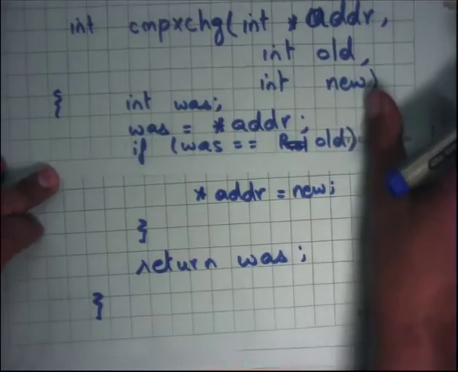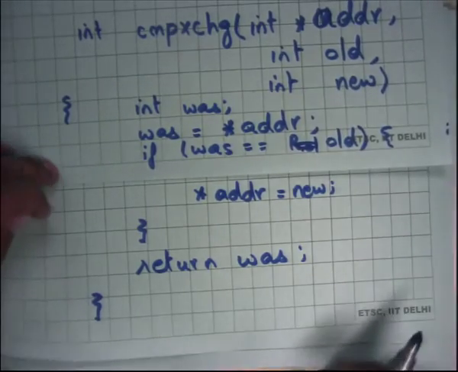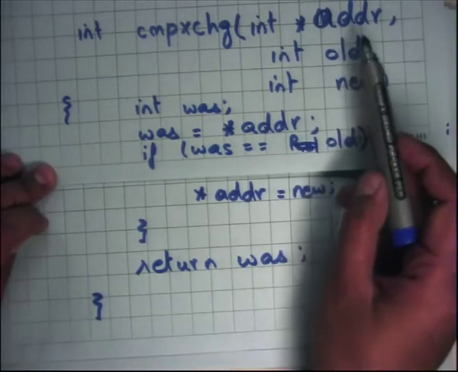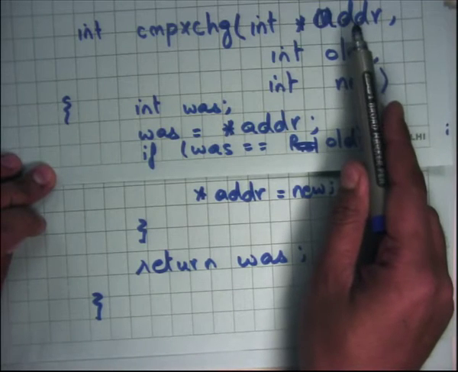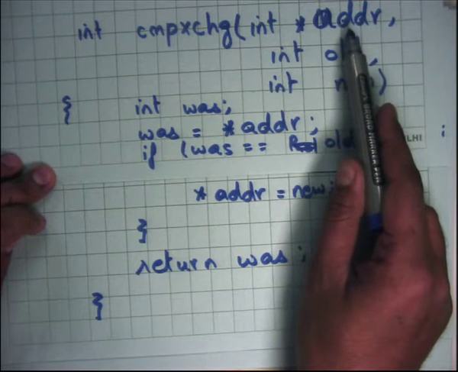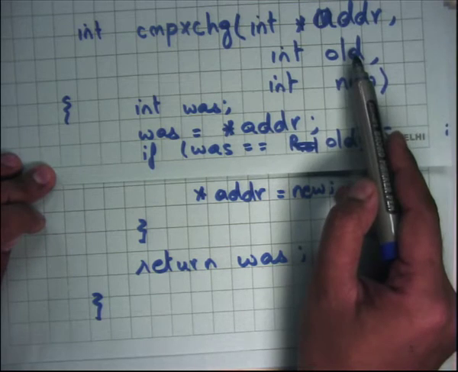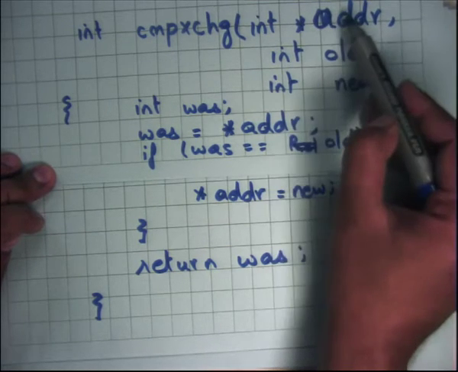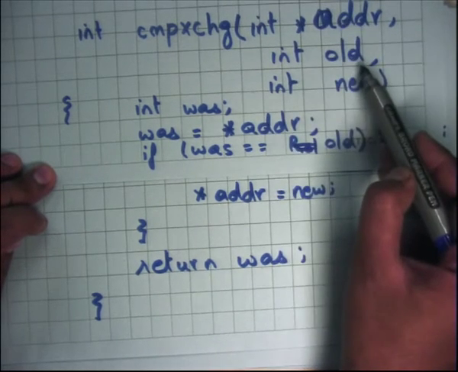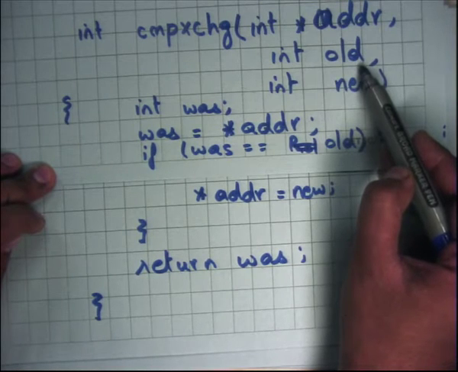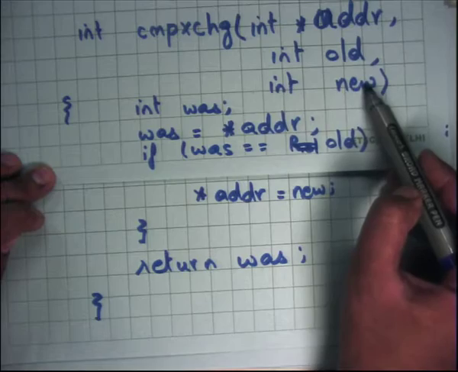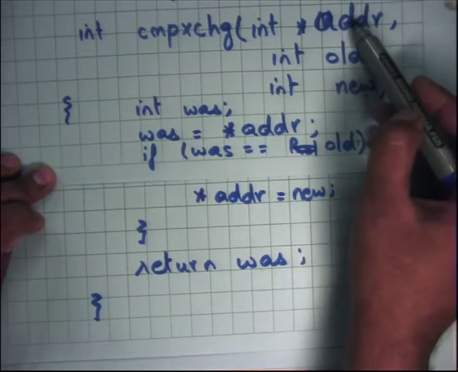Okay, so what is going on? Basically the semantics are: check the contents at location adder, compare the contents with the value old. If they are equal, then replace the contents of adder with new, otherwise do not do anything.